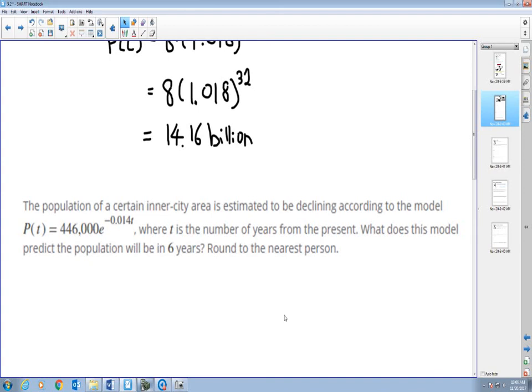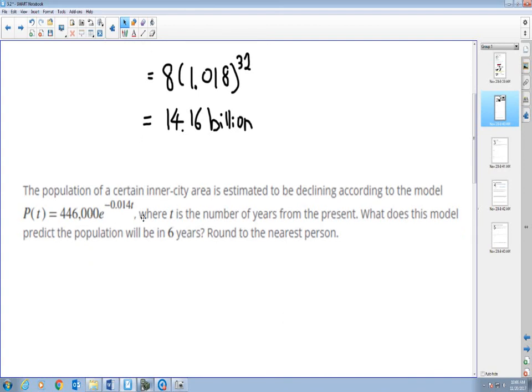Alright, let's take a look at another one. This one, give me the model. Alright, see that negative sign in my model? Being a negative, that means I have a decrease in population. Now, my base is not a numerical number. I'm using a base e right here.